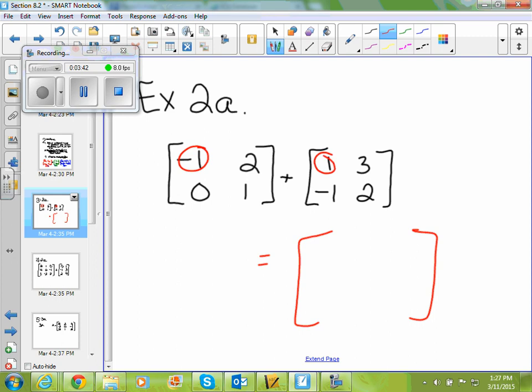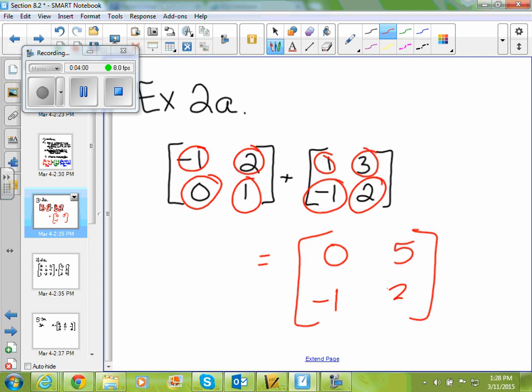Negative 1 plus 1 is 0. 2 plus 3 is 5. 0 plus negative 1 is negative 1, and 1 plus 2 is 3. So if you just add your corresponding parts, that'll make your new matrix. Super easy.